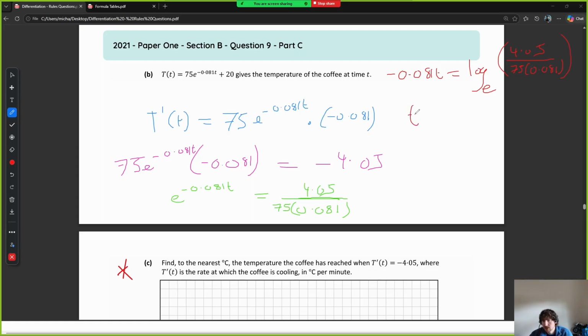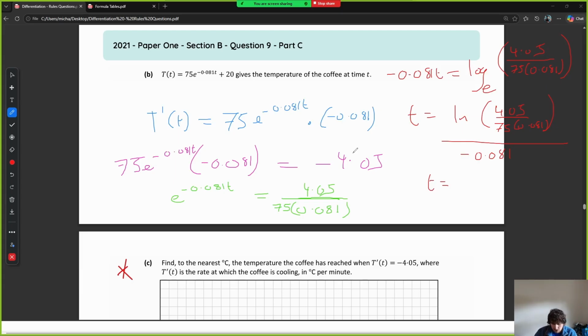And then t then. The examiner would like this if you don't know this: this log e is ln, of course, 4.05, because you're not working with rounded decimals as you go along. This is like an exact answer, and then you divide everything by minus 0.081. So great if you can move the numbers around like that.